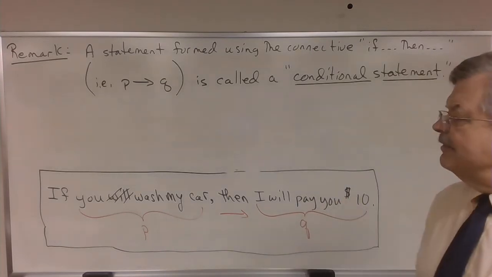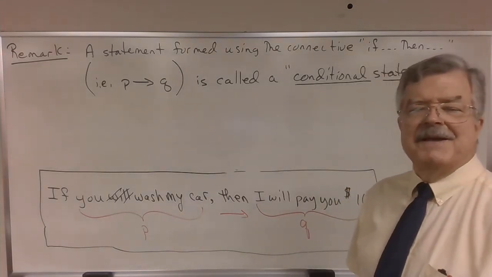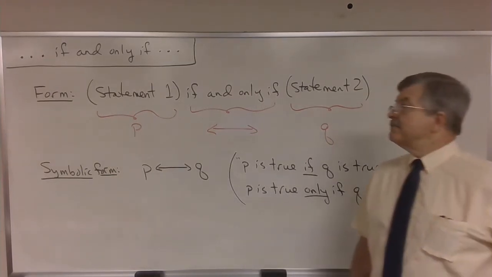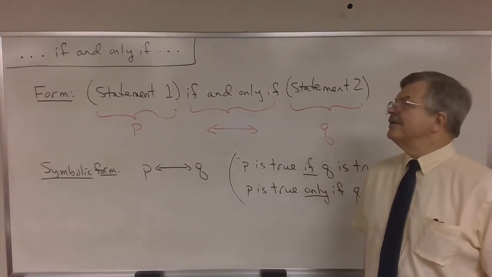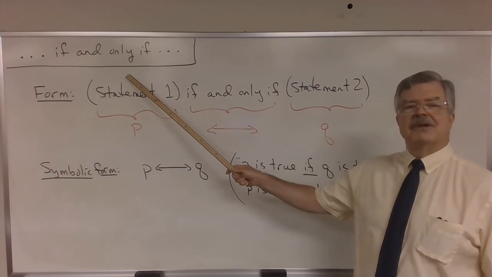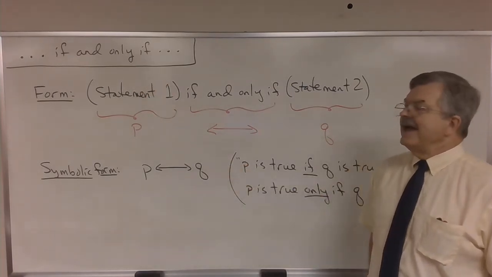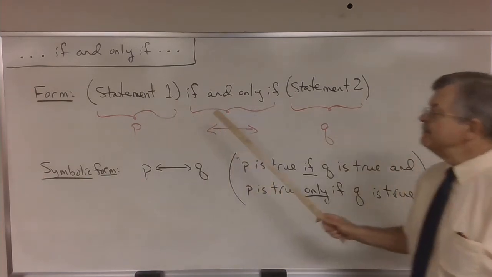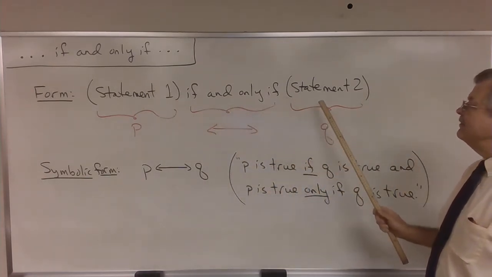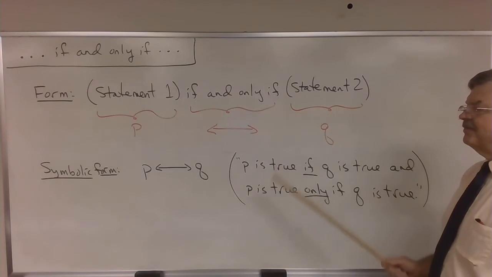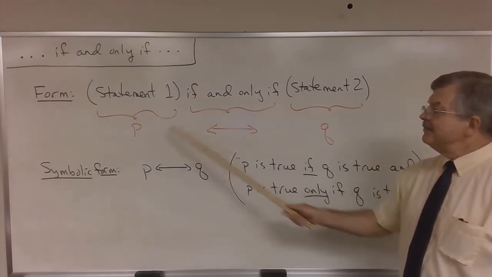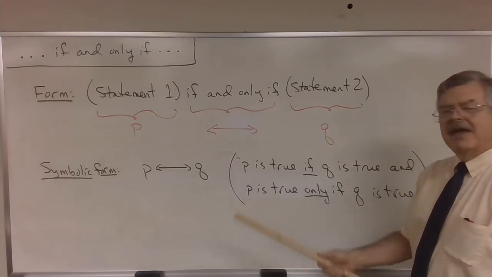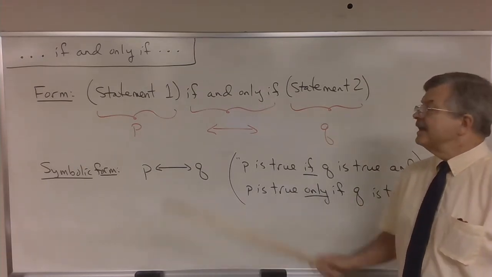Now let's meet our second connective of the day. Back again. Our next guest on the show is the connective if and only if. The form of this connective is statement 1, if and only if statement 2, or P, if and only if Q. And the meaning is this.